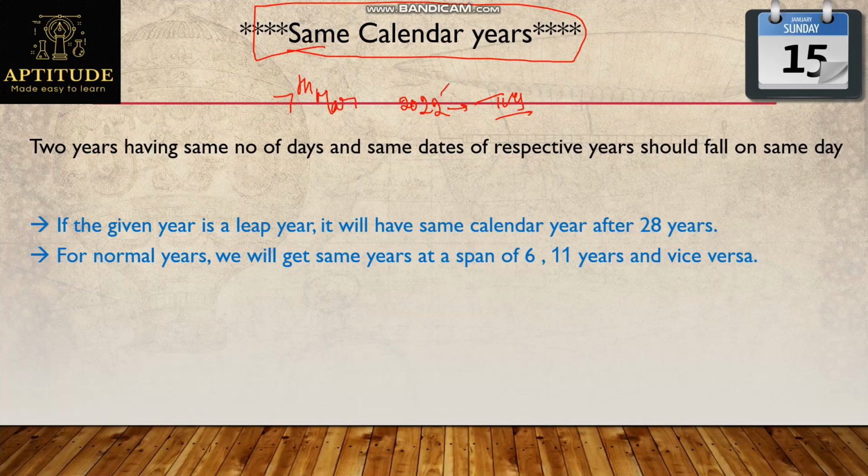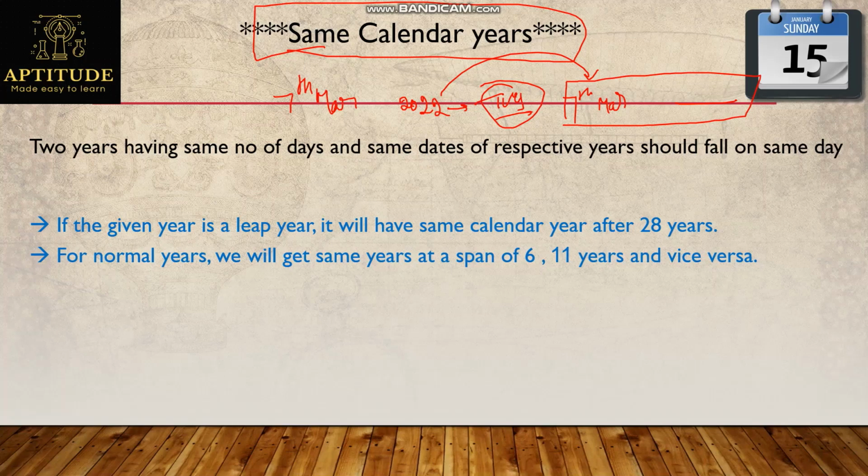Whenever another year, the coming year or the previous years, also has 7th of March as Tuesday, the same dates of two different years should fall on the same day. Date and day should be matched along with the number of days.